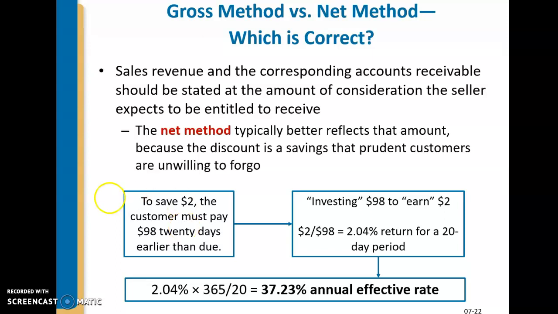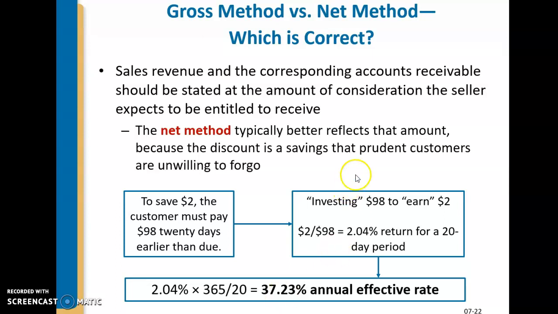Look at it this way. $2 isn't much, but when you look at it this way, investing $98 to earn $2 is a 2.04% return for the 20-day period. Convert that to an annual effective interest rate, it's 37.23%.